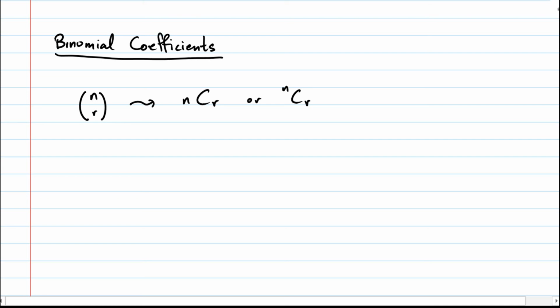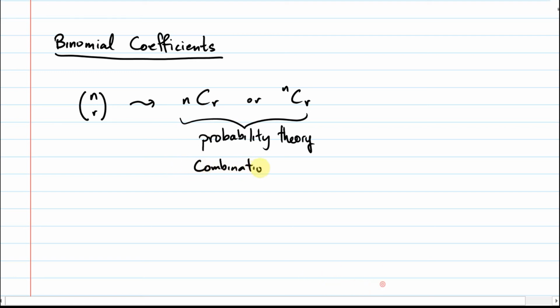And this is used in probability theory. And when we do it in probability theory, this is known as the combination, or combinatorics.